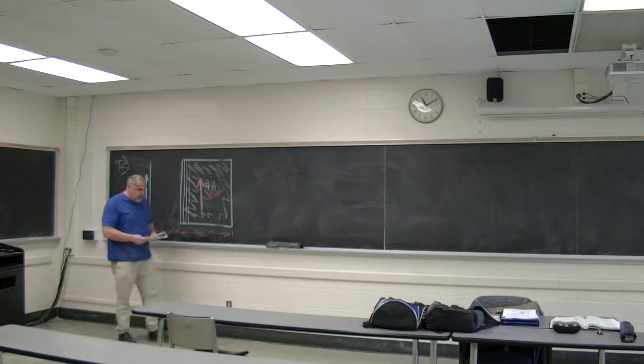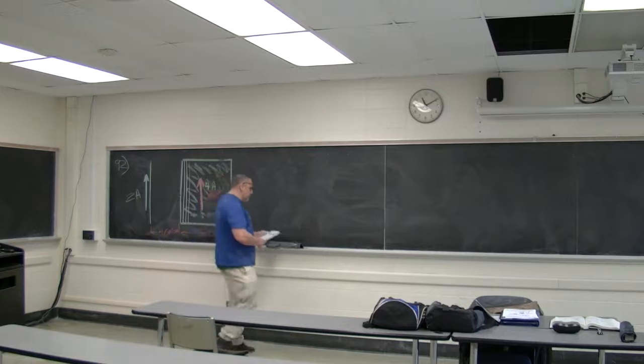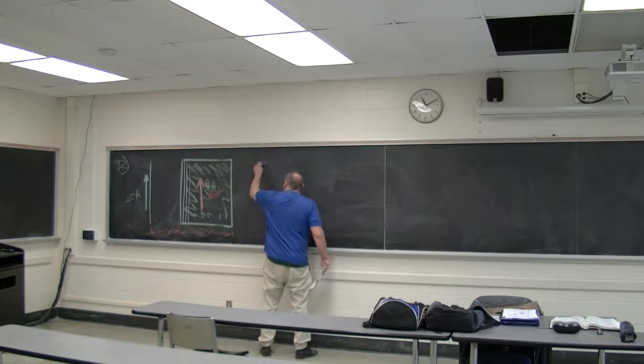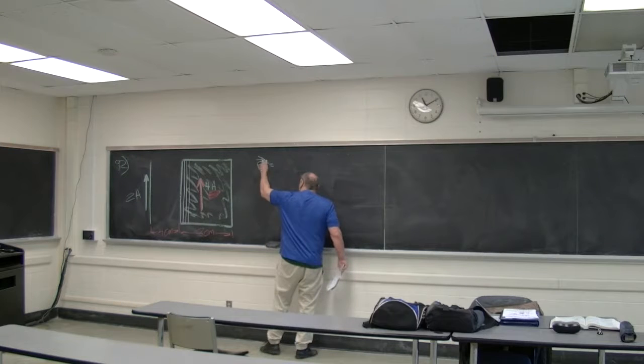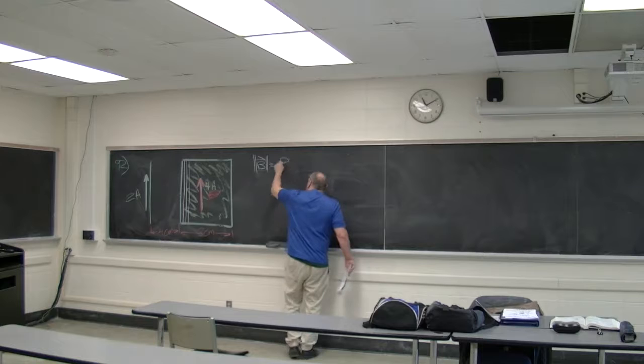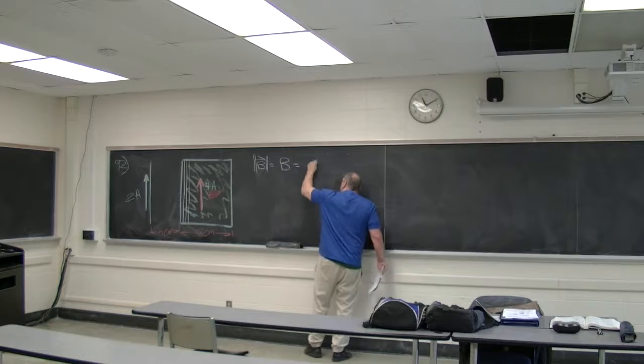Well, okay. Do you remember the magnitude of the B field? B is going to be mu 0 times I over 2 pi r.